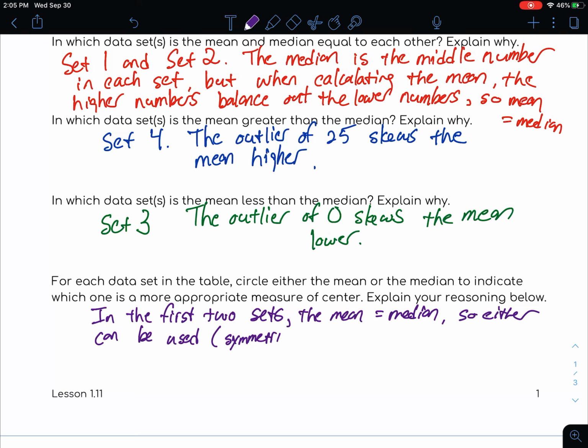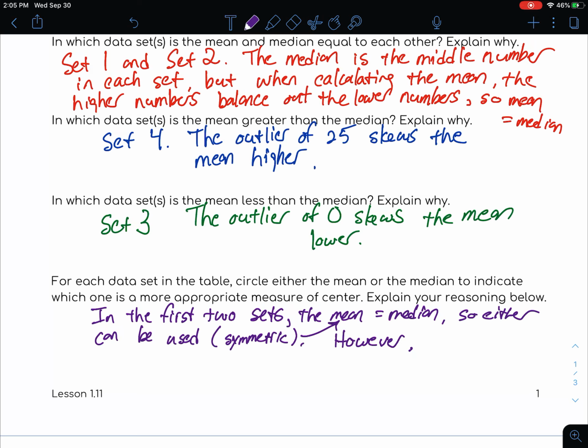They are symmetric. So oftentimes with the symmetric, we will generally go with the mean. Really, either one of them can be used.